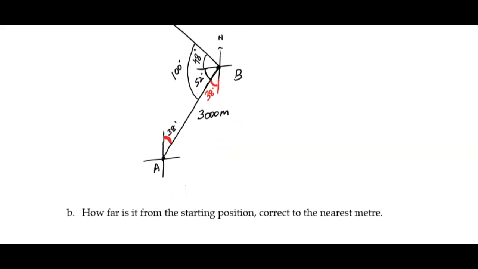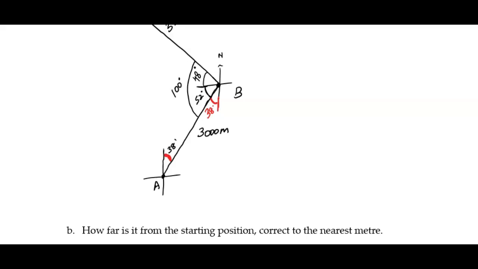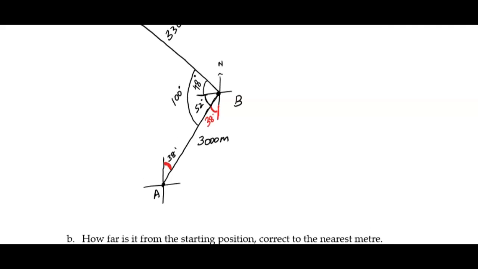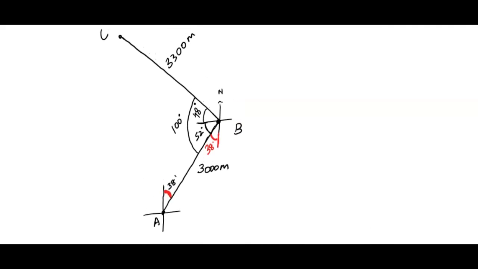The question is saying, how far is it from the starting point, correct to the nearest meter? So the question is basically asking us to find the direct distance from where we started and where we finished. That's why we have the complete triangle now, A, B, and C. I'm just going to draw a rough diagram on this side so we can make some sense out of it.